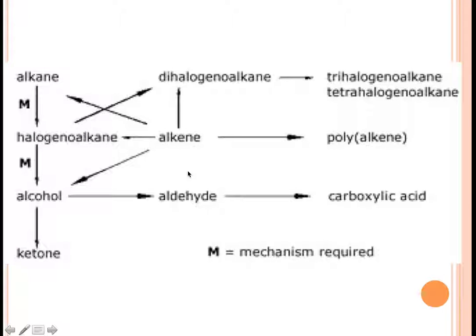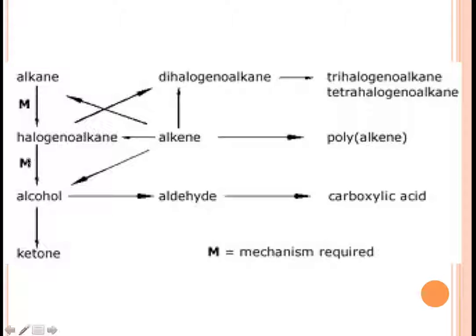So, for instance, you might start with an alkane, and you might be wanting to make a ketone. You can't do that directly. What you can do is you can turn it first into a haloalkane. So you could react with Cl2, for instance, and you could therefore add a chloro group.